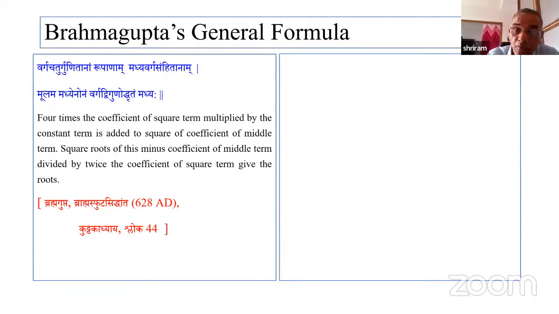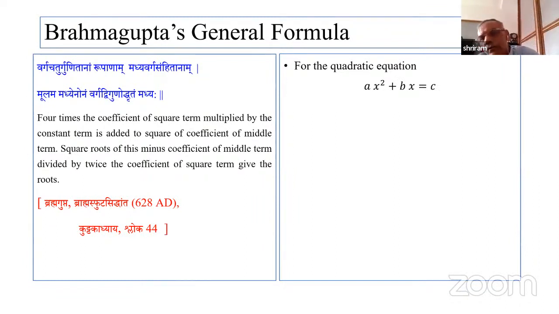Then what will be the mathematical form of that? Indians always used the form of the quadratic equation ax square plus bx equal to c. We usually use ax square plus bx plus c equal to 0. But in the Indian tradition, it was equal to c on the right hand side. So if this is the given equation, then the coefficient of x square will be a, the coefficient of the middle term will be b, and the constant term will be c.